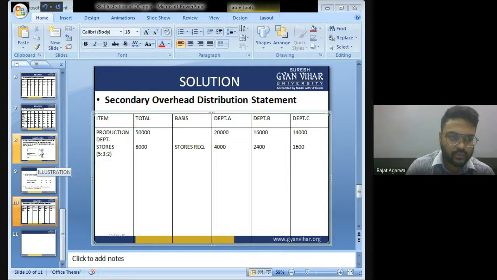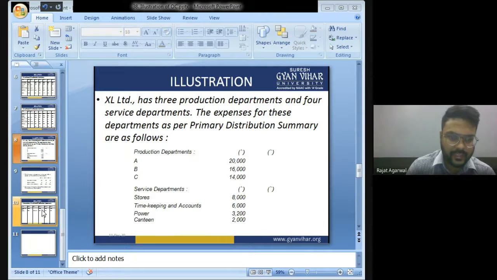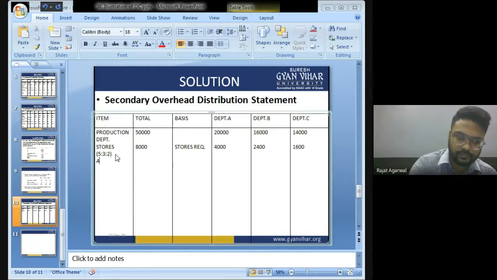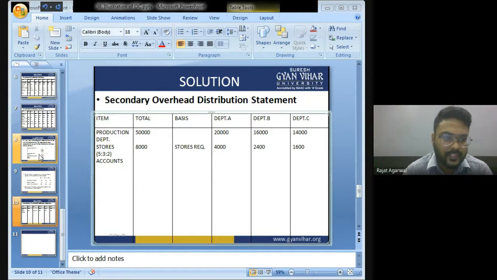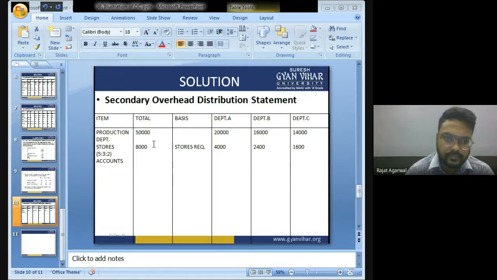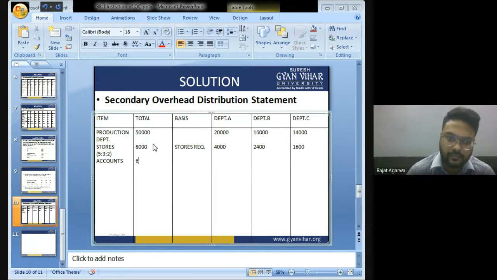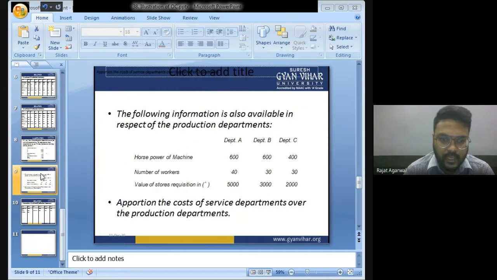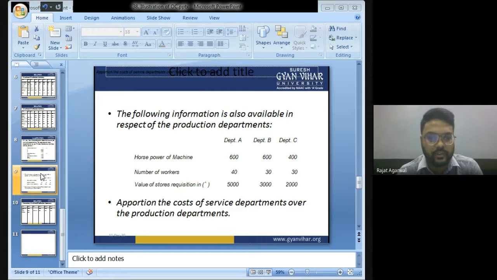After stores, it is given accounts. Total expense of accounts is 6,000. On what basis will we distribute the accounts: horsepower of machine, number of worker, value of requisition?